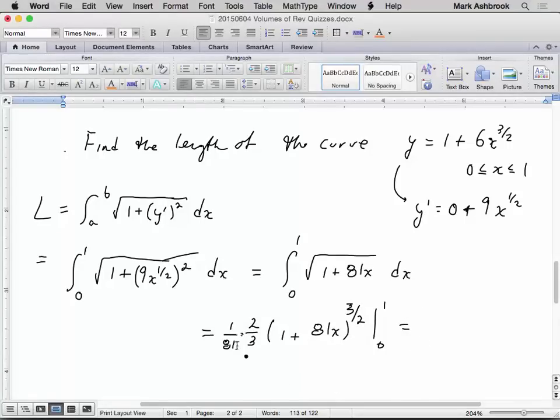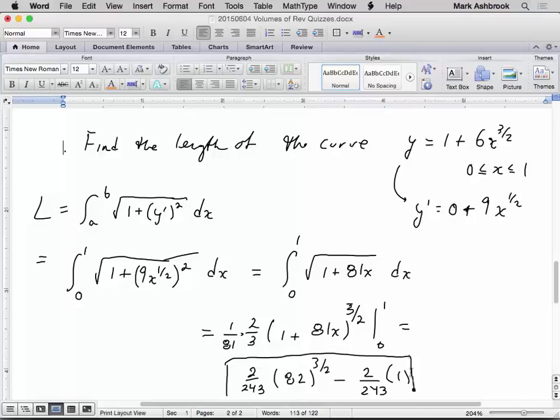And we'll get, what is this? 2 over 243 times 82 to the 3 halves minus 2 over 243 times 1. So that value right there is the length of this curve if you graphed it, starting at x equals 0 to x equals 1. That's how long it would be right there.